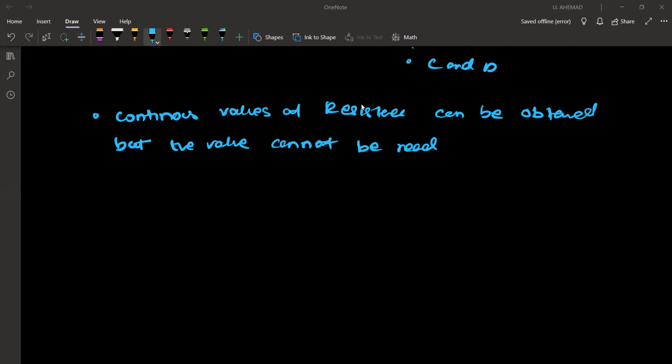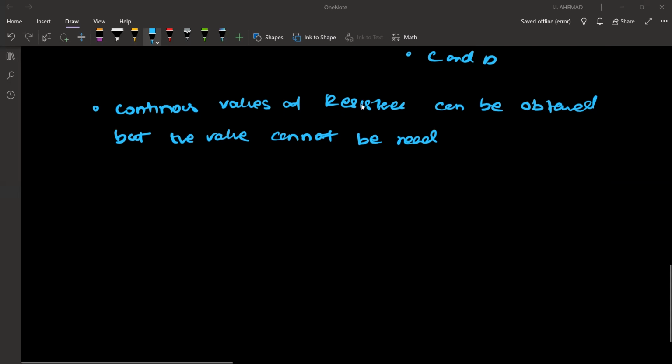So that is one way of doing this experiment using the ammeter and voltmeter. Then we can use, and that's case 2, the ammeter and a resistance box.